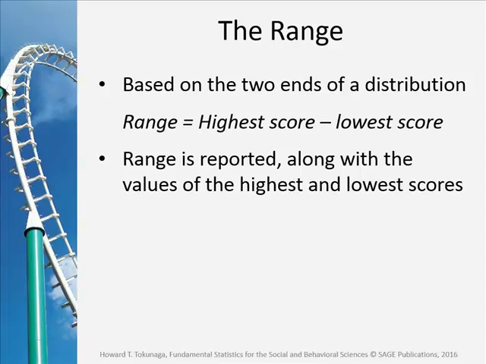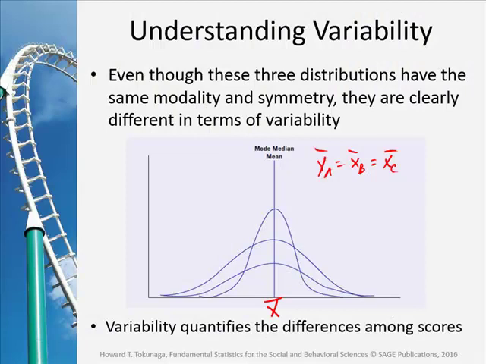Thinking of a curve, what does the range tell us about the shape of our curve? Maybe, right? It gives us an idea of where our low point and our high point are. So maybe a little bit about the width, just a tiny bit.